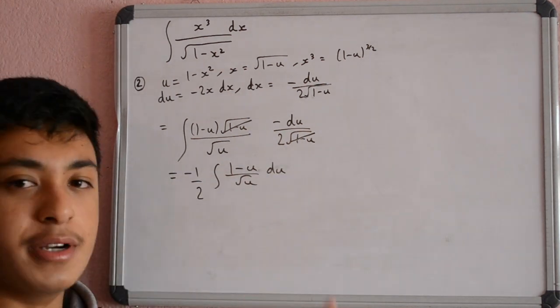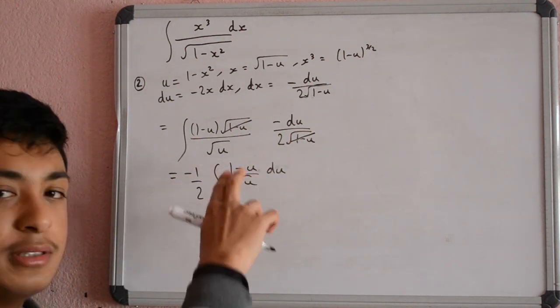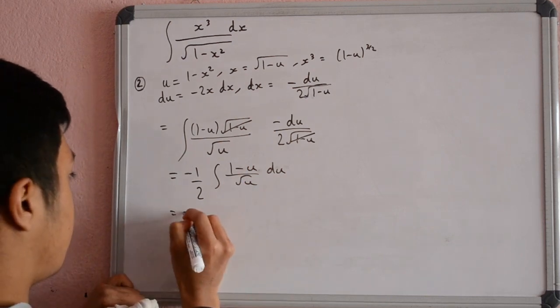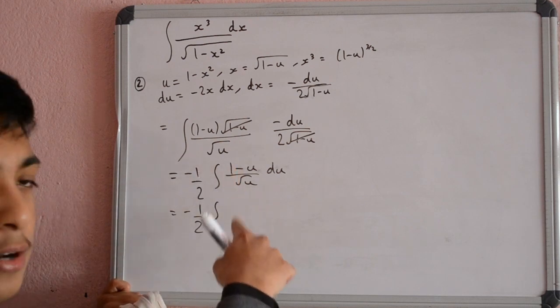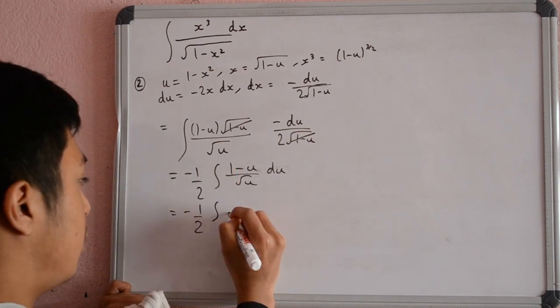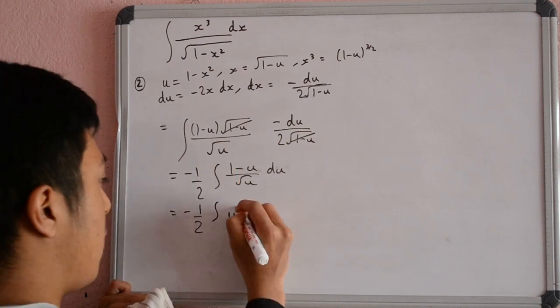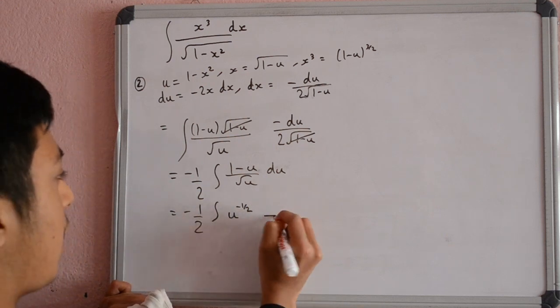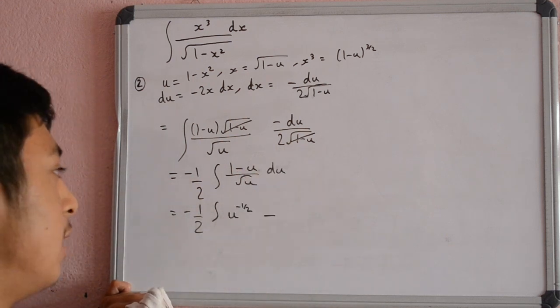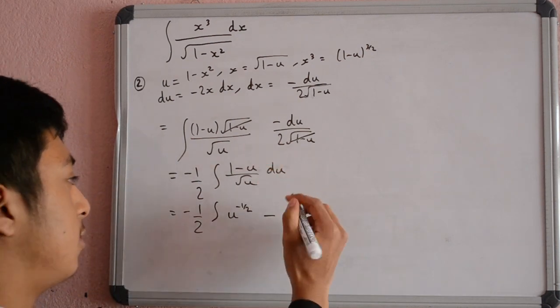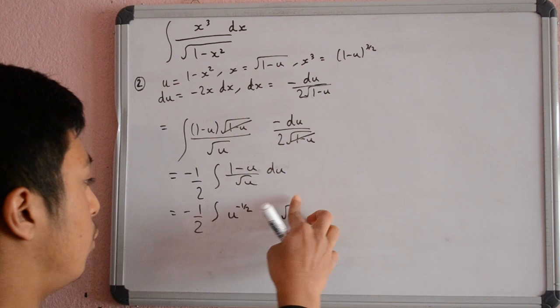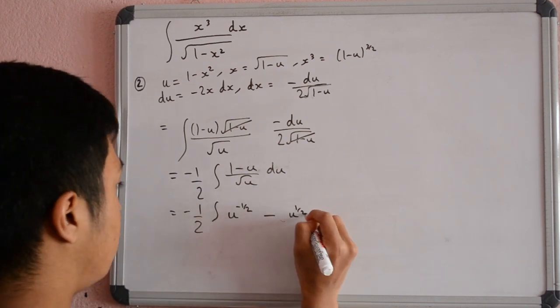And it is simple from here. You just have to separate this numerator over here. So this is just minus 1 by 2 the integration of 1 by root u, which is just u to the power minus a half, minus u by root u, and u is just root u whole square, so that cancels, giving us root u, which is just u to the power 1 by 2, du.